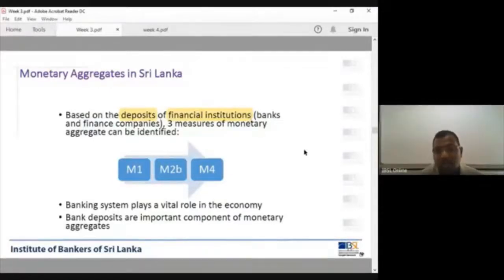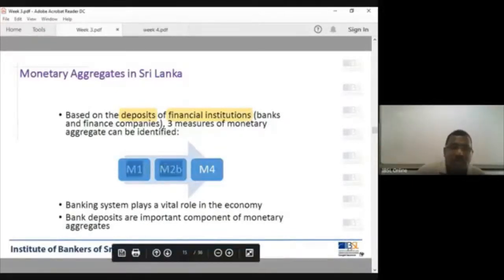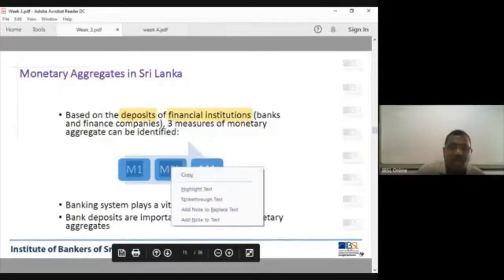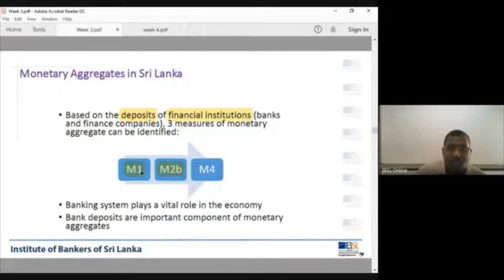And based on their deposit liabilities, we can define monetary aggregates. So the first two monetary aggregates in the case of Sri Lanka, M1 and M2B, are based on commercial bank deposits.